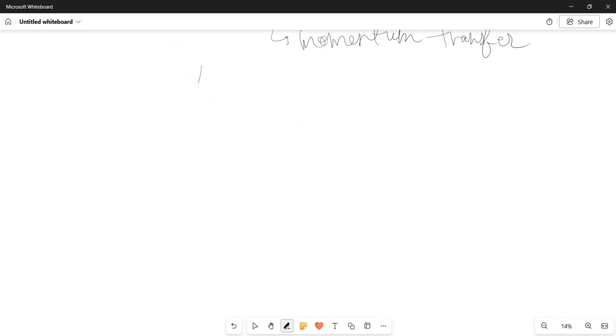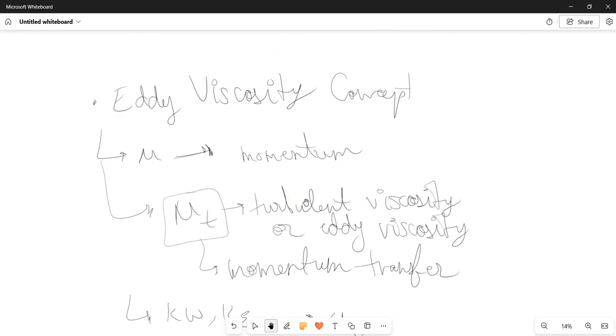So like you take any model in turbulence, that is your k omega, k epsilon, all of them have to find nu t first. That is how everything then later gets resolved, right? So that is the eddy viscosity concept. Just in a gist, normally you have your viscous force, that's equal to mu dv by dh into A, right?